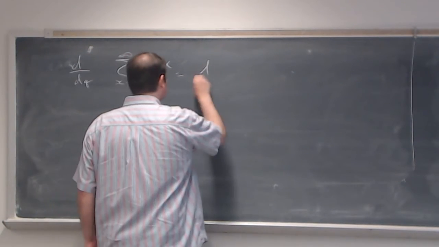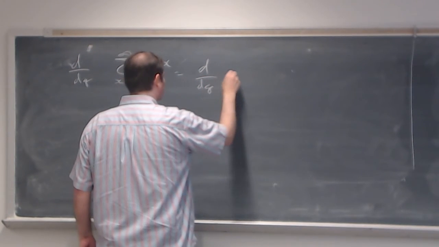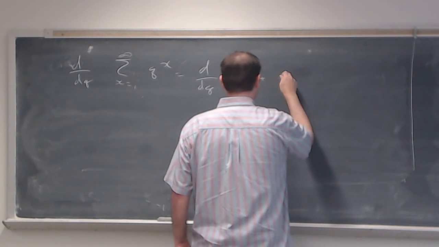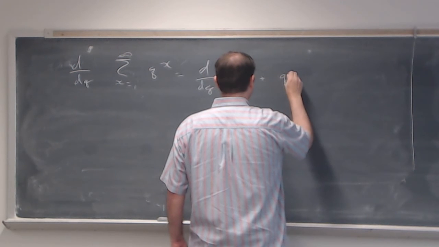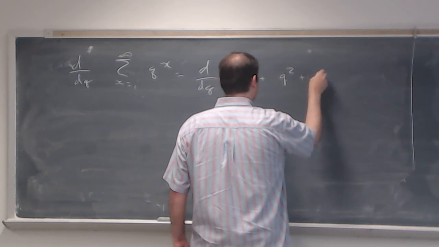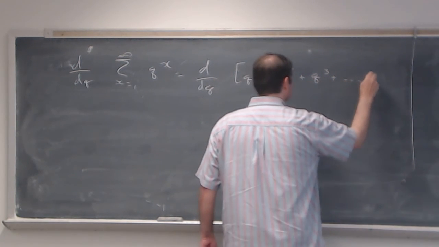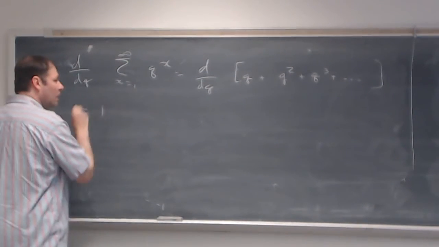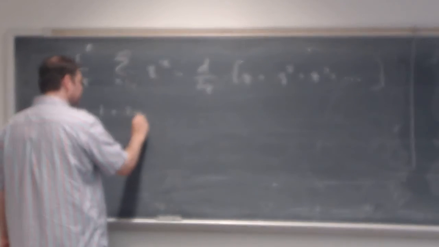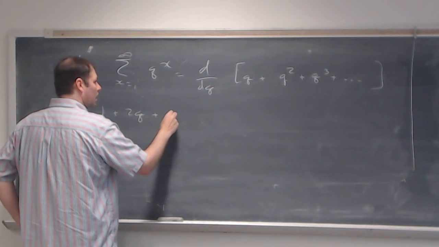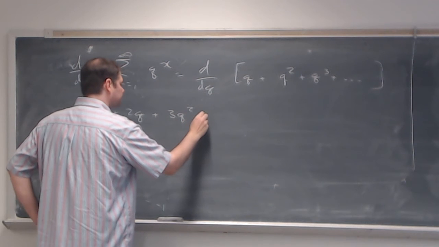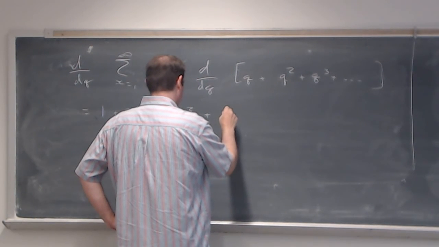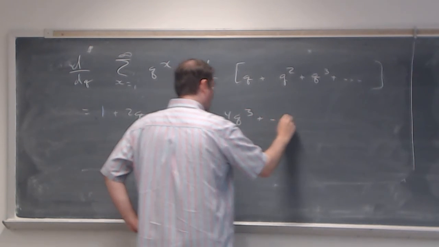So this would be the derivative with respect to q of q plus q squared plus q to the third plus forever. And that will be equal to 1 plus 2q plus 3q squared plus 4q to the third, and so on.